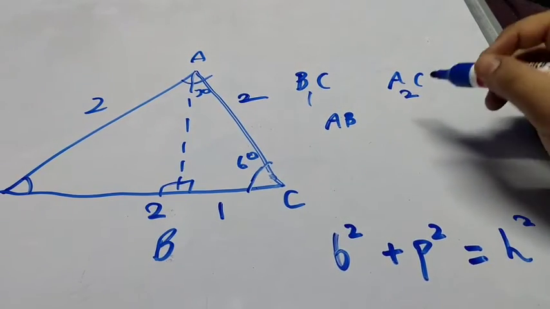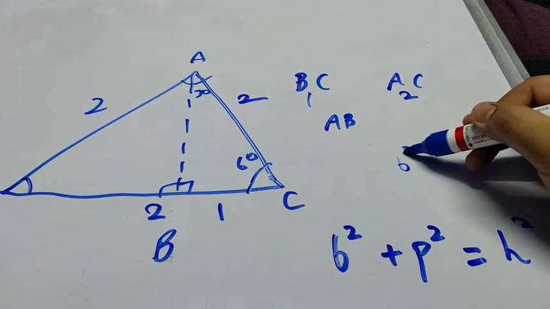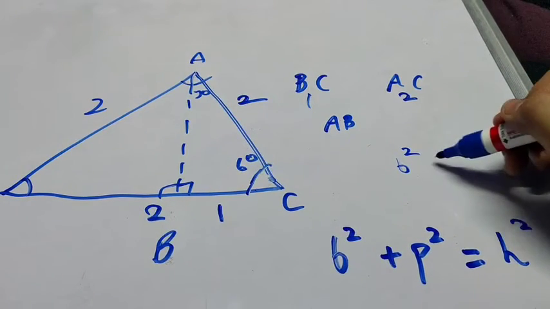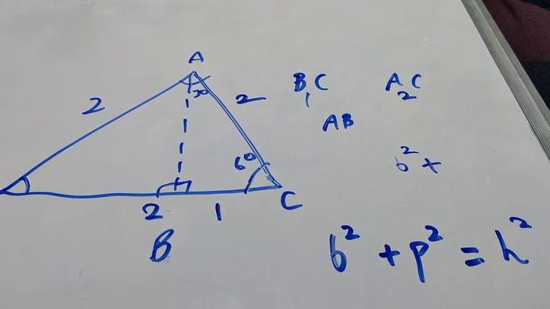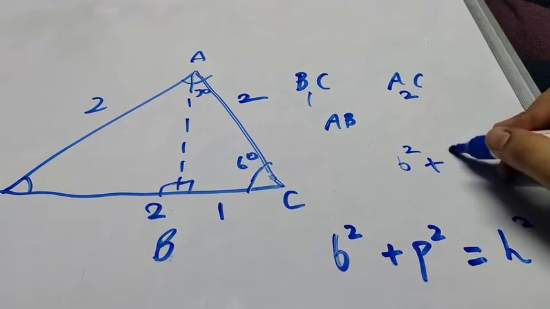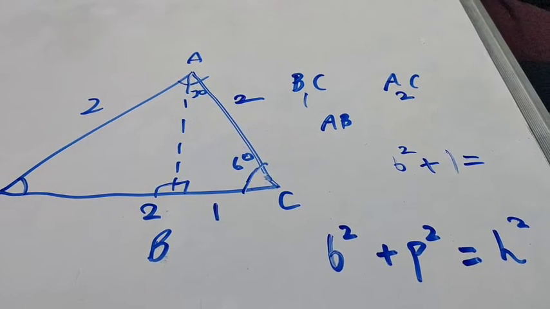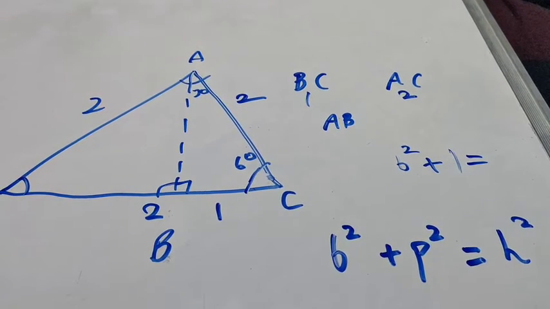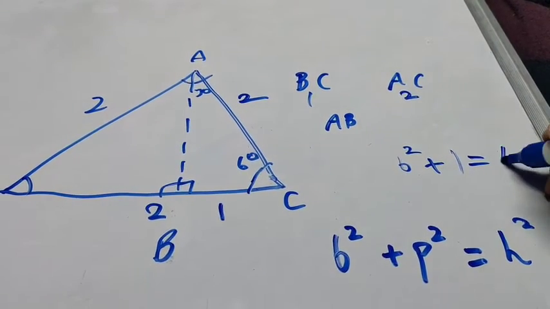So what we write here is the base square, as we don't know what the base is, plus the perpendicular square. Our perpendicular is 1, so 1 square is 1 anyway. And the hypotenuse square is 2 multiplied by 2, which is 4.